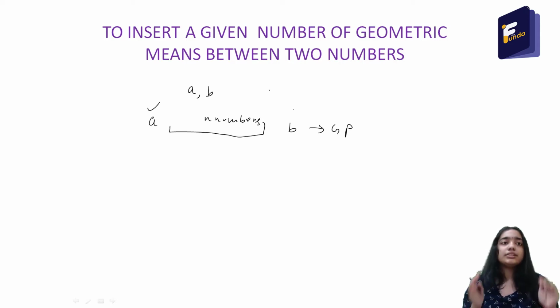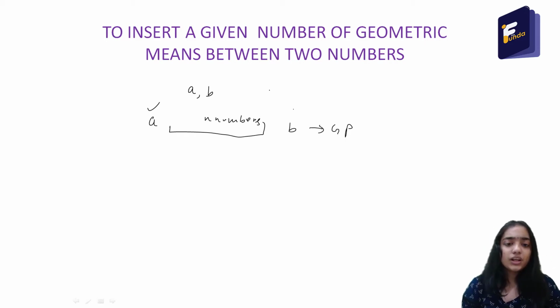Those numbers plus the first number a and the last number b should all be in geometric progression.